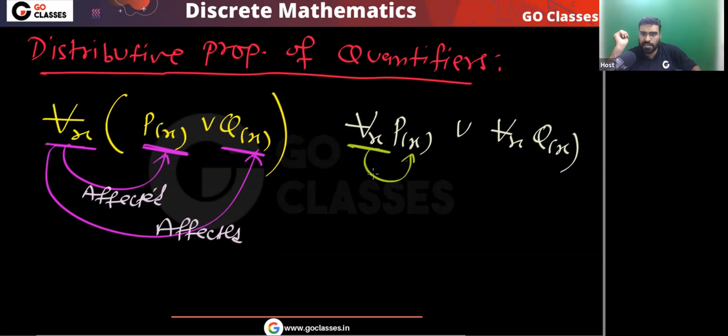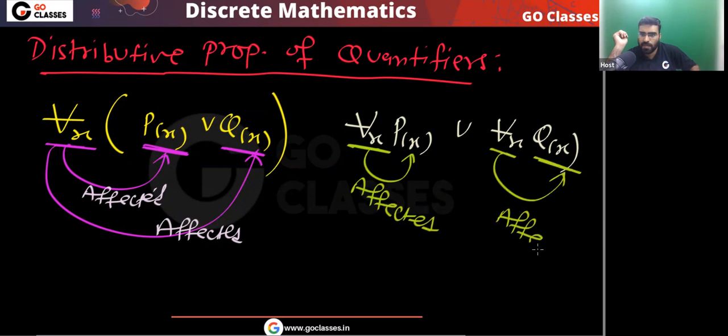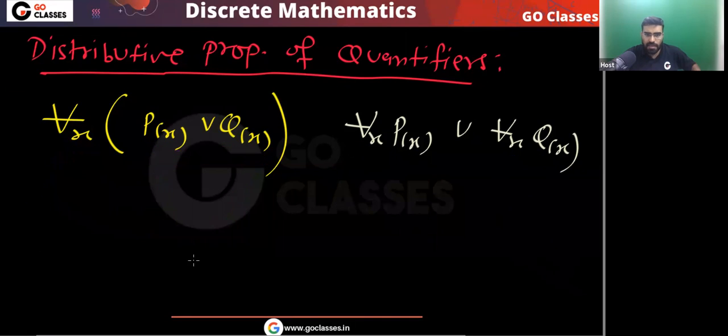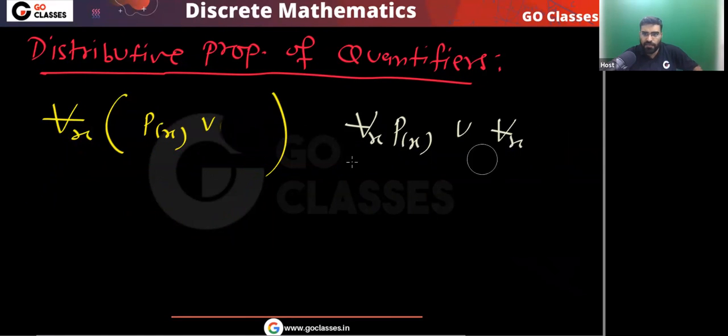This is also affected by this quantifier. But tell me, if I replace this with something which is unaffected by the quantifier, like this a, which is unaffected by the quantifier.